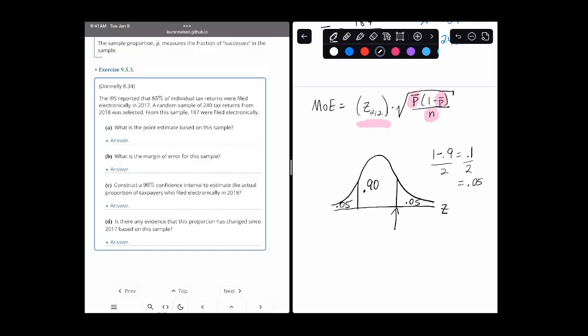If I want to find my z value, I would do norm.s.inv of the total area to the left here. 0.9 plus 0.05 would be 0.95, and that would be our z value. Let's use that to find our margin of error.